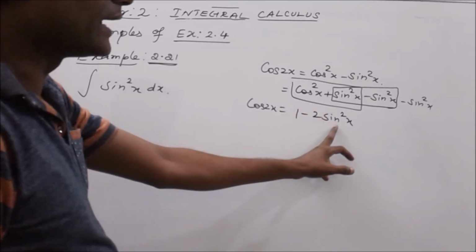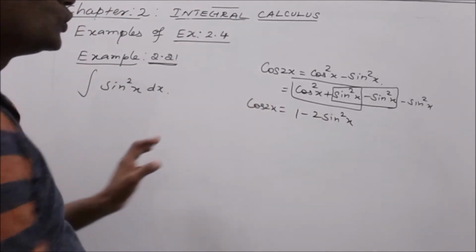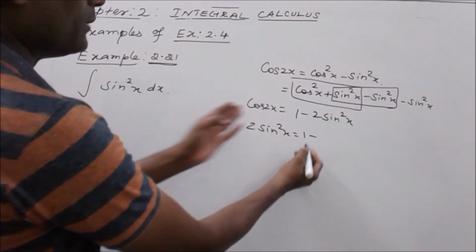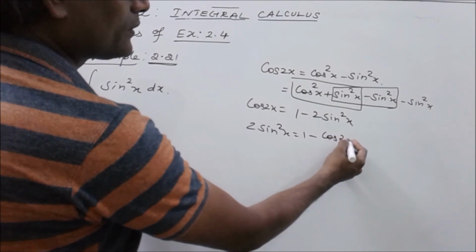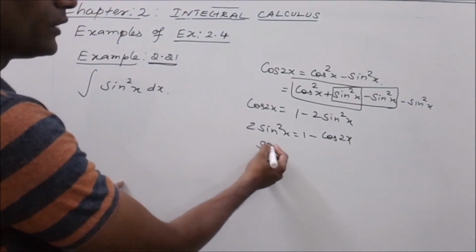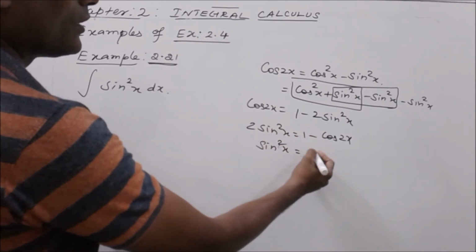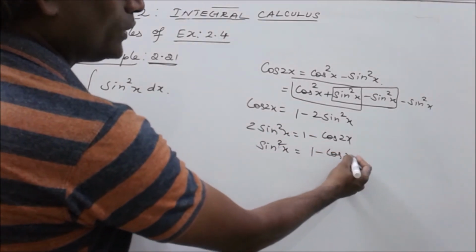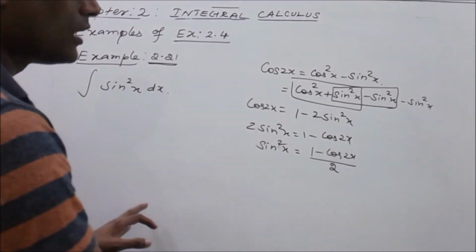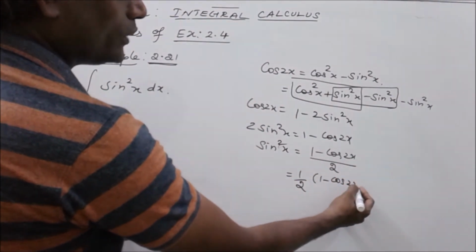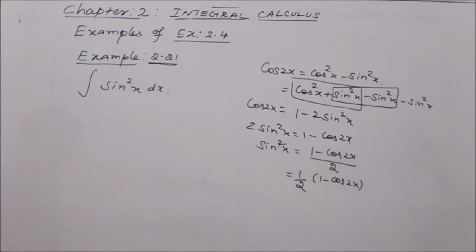Derive sin square x from this term. 2 sin square x is equal to 1 minus cos 2x, and then sin square x is equal to 1 minus cos 2x by 2, or 1 by 2 into 1 minus cos 2x.